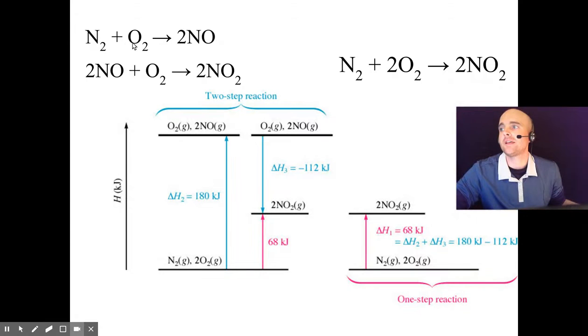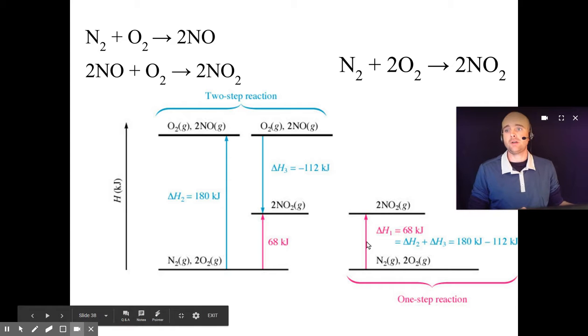Here it only has 1 mole of oxygen to react with at the beginning to make NO, and then that NO reacts with another mole of oxygen to make NO2. On the right side, it goes from nitrogen plus 2 moles of oxygen right away to just go straight into NO2. I'll look at the right side of the screen first.